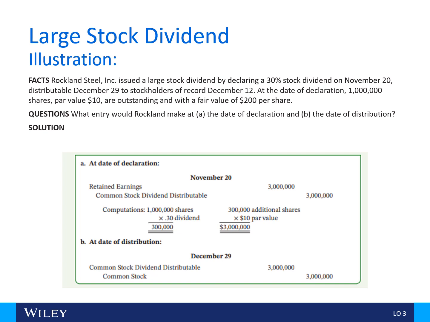Now we're seeing an example of a large stock dividend. As I just mentioned in the last slide, this is what happens if the amount of the dividend is greater than 25%. In this particular example, it's paying a 30% stock dividend. Here, you do not use fair market value. What you're going to use is par value. Fair market value doesn't matter.